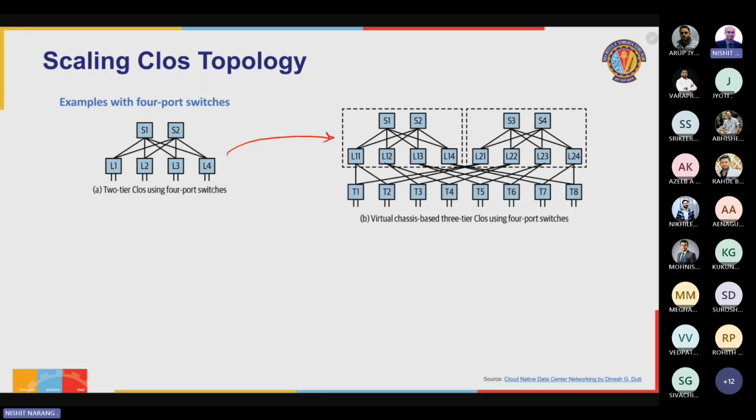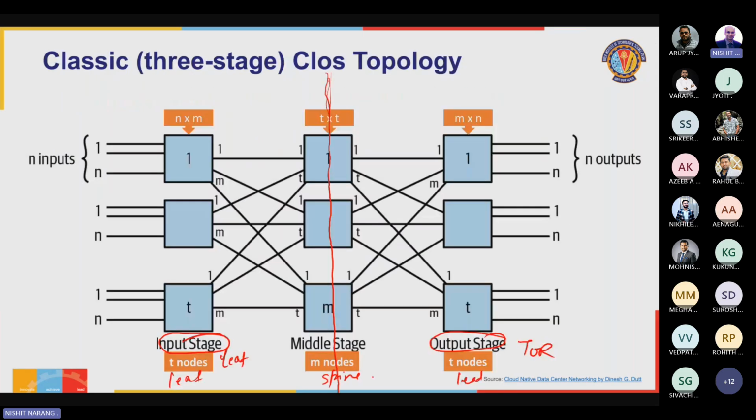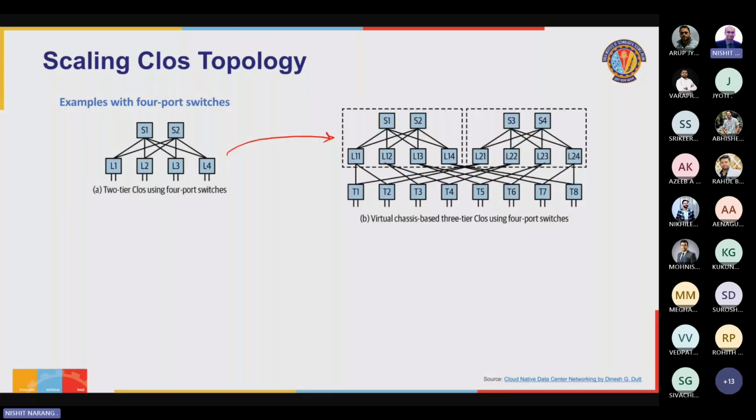But it is once again non-blocking. See, the classic class topology was built to be non-blocking. The term we use is non-blocking network topology. So there's always a path between any pair of nodes. That was the intent of the class topology originally. So what have I done? I've once again converted a smaller topology into a more complex topology.